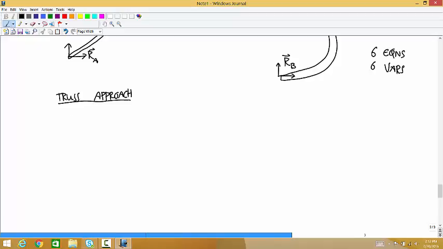You can just isolate the top pin. So there's the pin. You have a 1,000 Newton force on it.